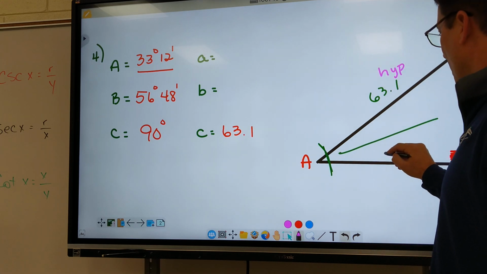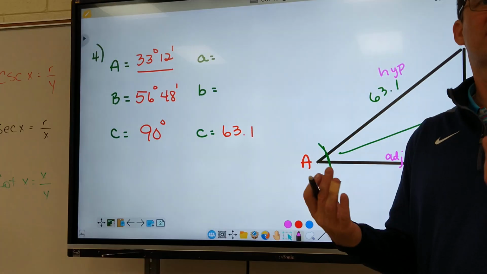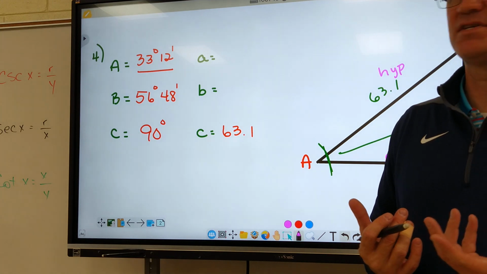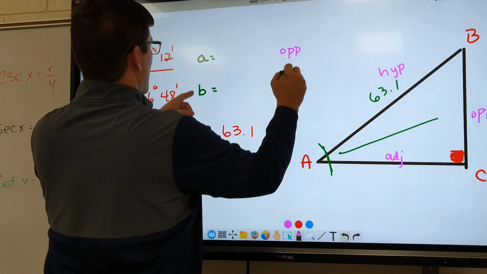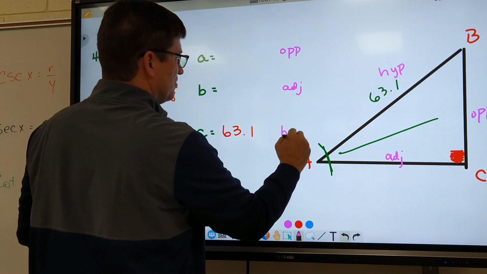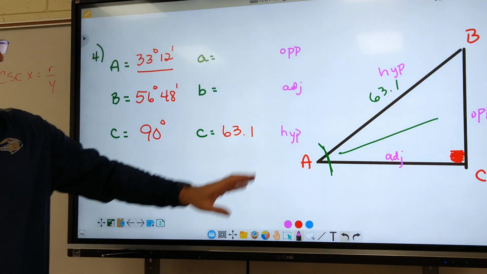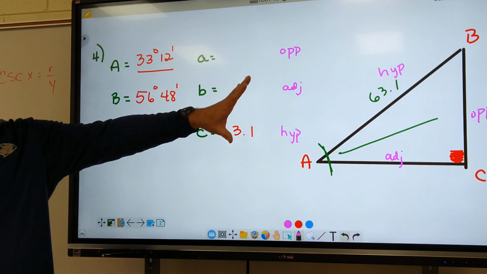Right beside angle A is your adjacent side. So since we're starting from angle A every time, Ada, side A is always our opposite, side B is always our adjacent, and side C is always our hypotenuse. If you don't want to mess with the triangle and you want to just memorize that, that will work for how we're doing these.